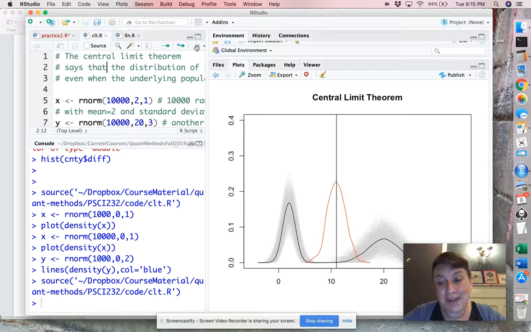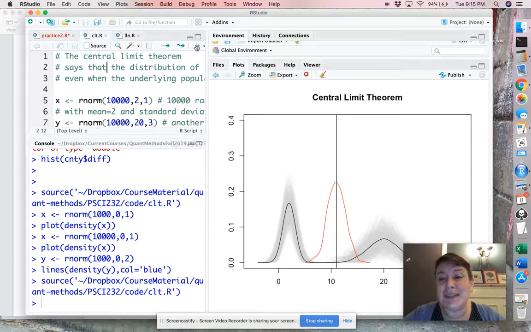The central limit theorem tells us that no matter how bizarre the underlying distribution, if we take a bunch of samples, the means of those samples is going to be distributed normally, and it's going to be distributed normally right around the mean of the real population. So let me say that one more time.